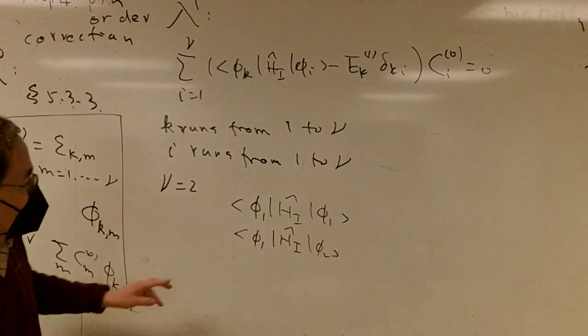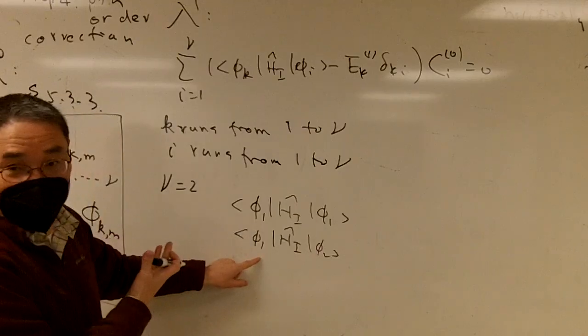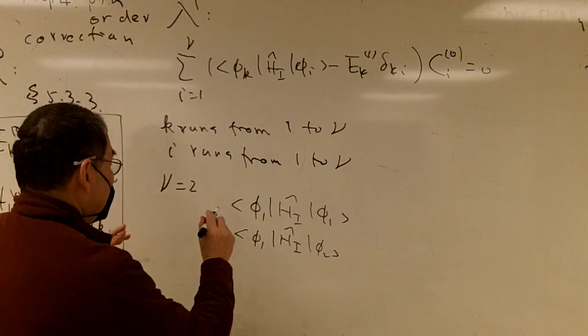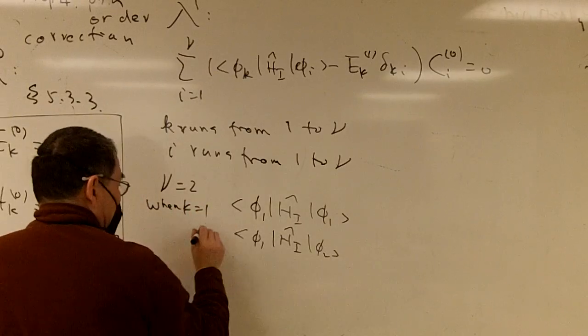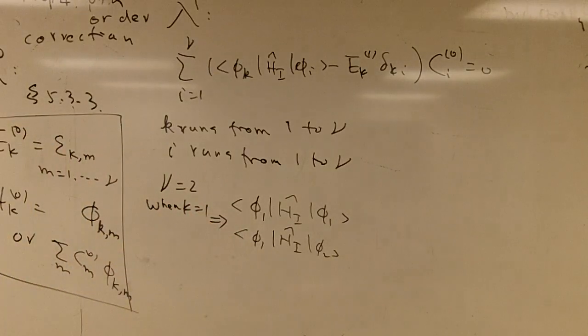So when k equals 1, those are the two elements you're going to have. Could you guys write that when k equals 1, I will have this? Does it make sense to all of you? If I stick with k equals 1, I will have these two elements.